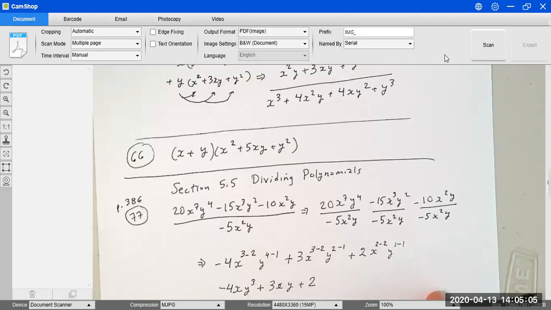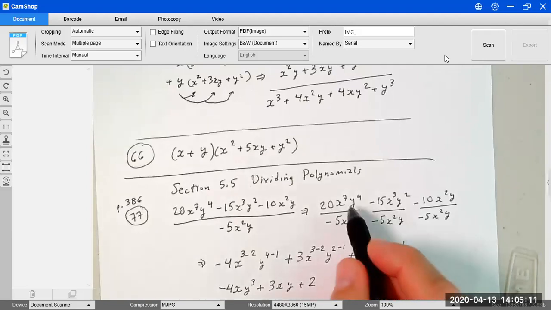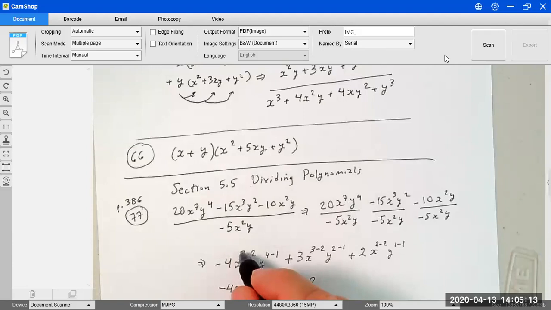So the answer for this problem is just negative. And I have a problem here because this is 7 or 3. Yeah. So this should be 7 minus 2. So it's going to be x to the 5th power. So negative 4x to the 5th y cubed plus 3xy plus 2.